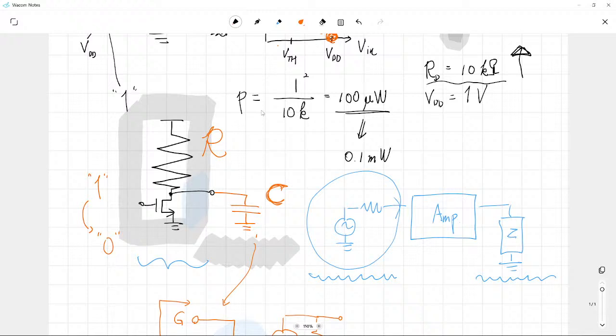Previously, when the input was 1, the output was quite close to 0. And now we suddenly change the input to 0. So our output should increase to logical 1.